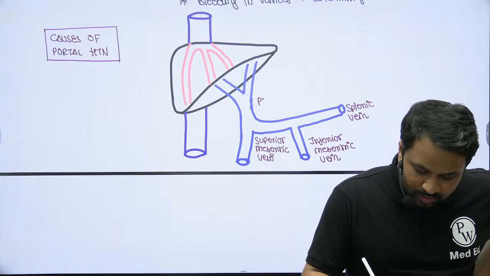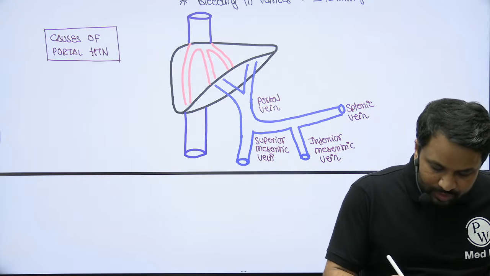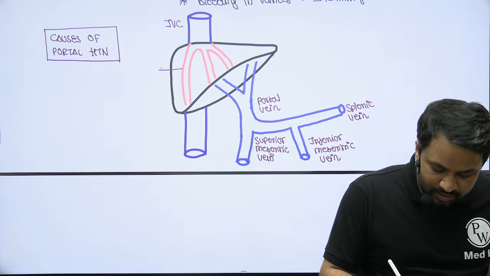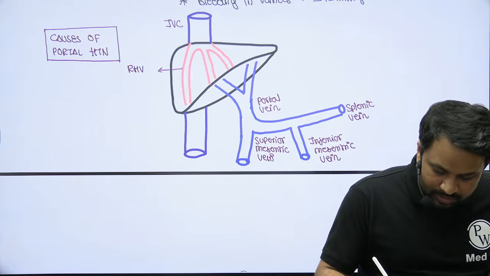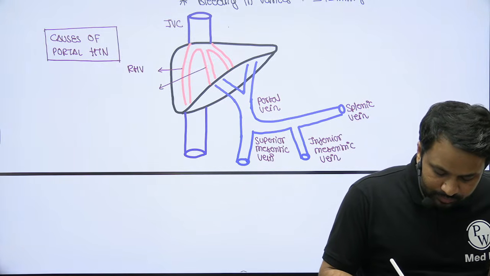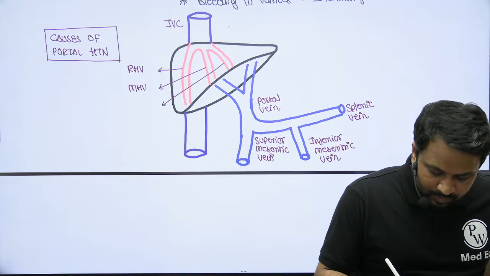This happens to be your portal vein. This happens to be your inferior vena cava. These are your hepatic veins. This is your right hepatic vein. This happens to be your middle hepatic vein. And this happens to be your left hepatic vein.